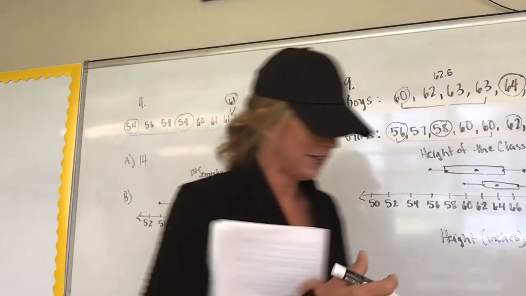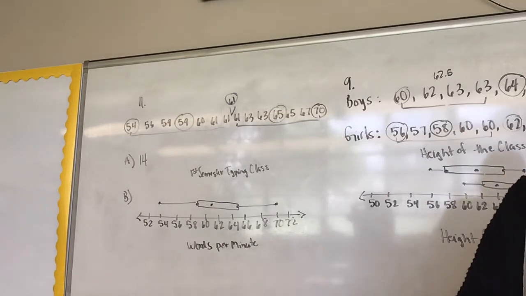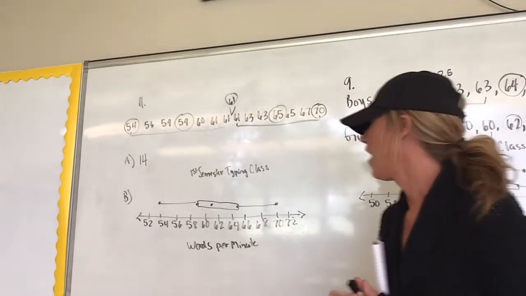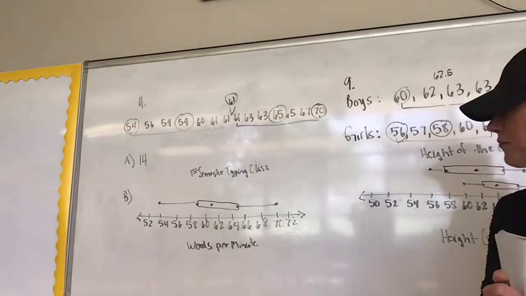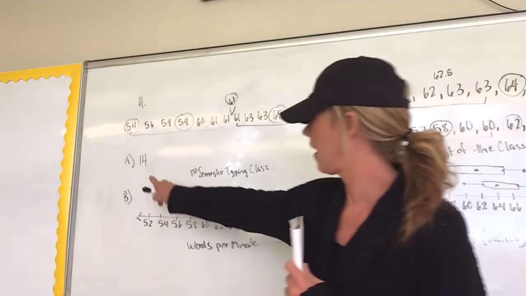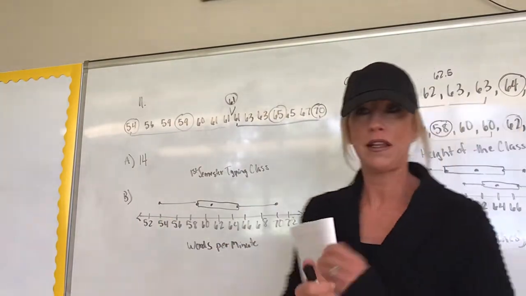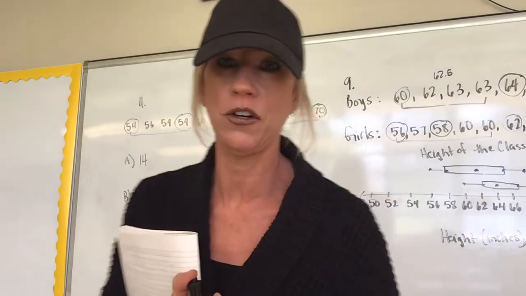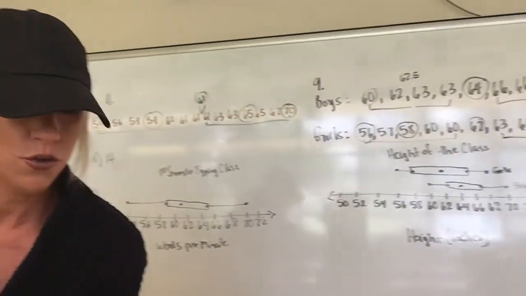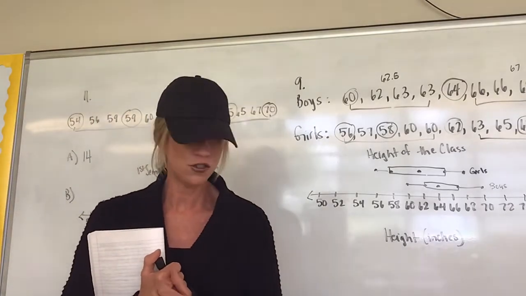I don't know if it said typing, but it's keyboarding. We'll go old school typing. So semester 1 keyboarding class. Okay. So now we've constructed our box and whisker. We've said how many observations, and then we could do some analyzing by looking at that box and whisker.